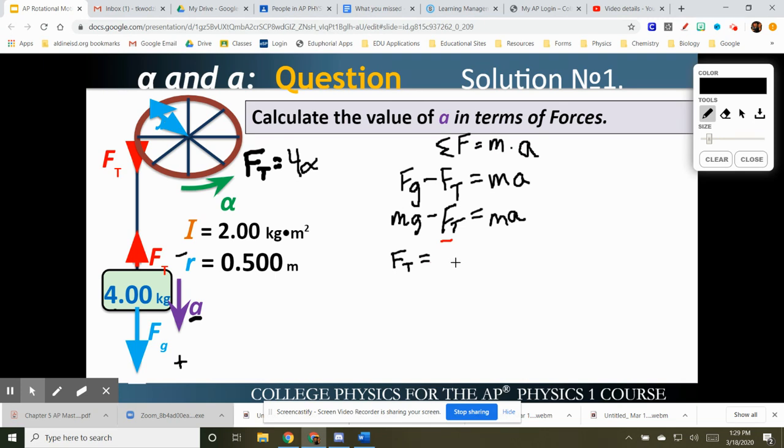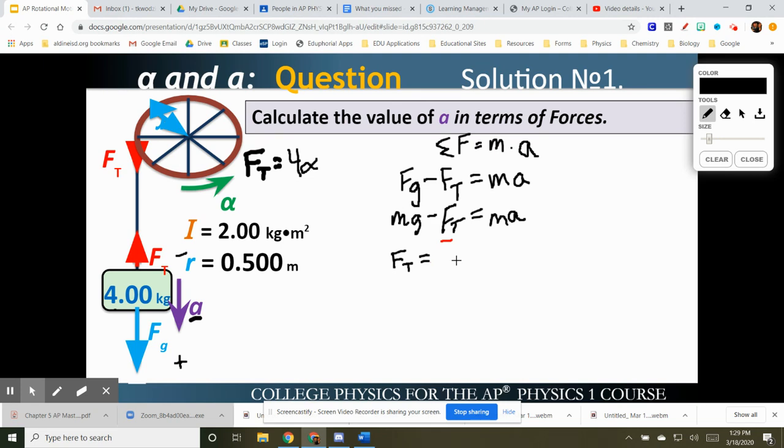So what would the force of tension be equal to? And remember, we're about to solve this problem in another way.